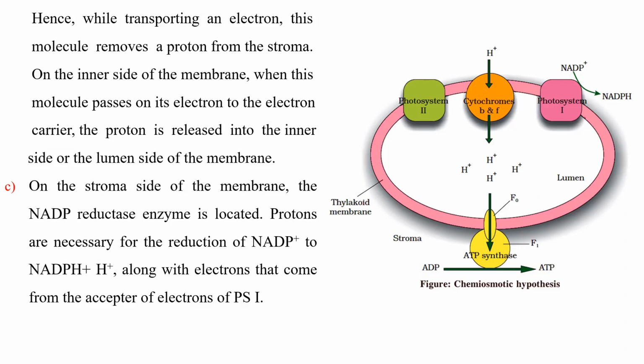C. On the stroma side of the membrane, the NADP reductase enzyme is located. Protons are necessary for the reduction of NADP+ ion to NADPH plus H+ ion, along with the electrons that come from the acceptor of electrons of photosystem 1.